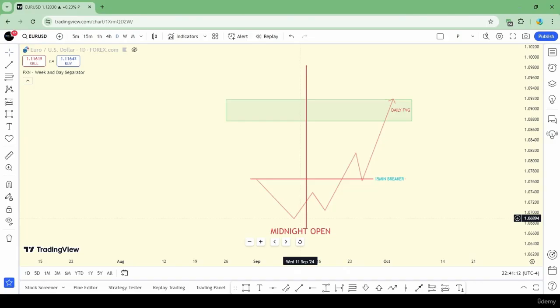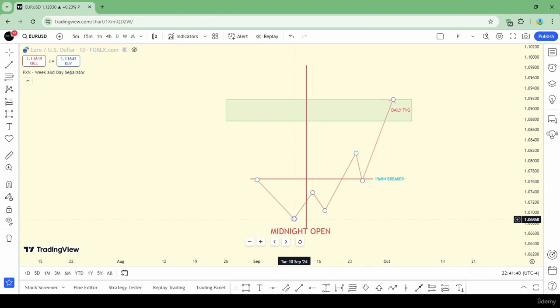You can see that this is a 15 minutes fair value gap high, a swing high. The market draws down either towards the midnight open or hits during the midnight open. It's not limited to the midnight open, but this is just an idea.